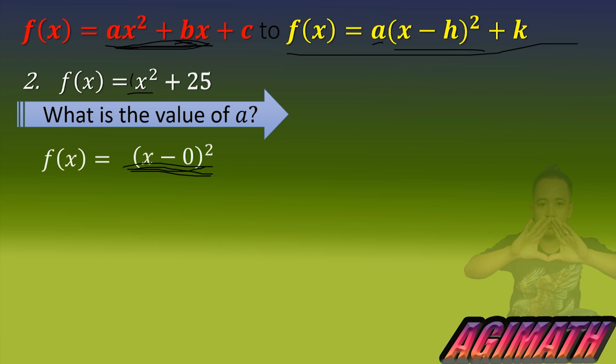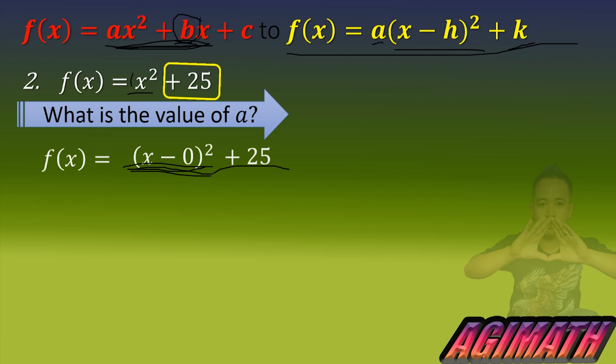And then for the continuation, you look at the value of the constant, which is positive 25. In this example, what is the value of c? It is positive 25. Automatically, that will become the value of k. But take note, it only happens if the value of b is equal to 0.